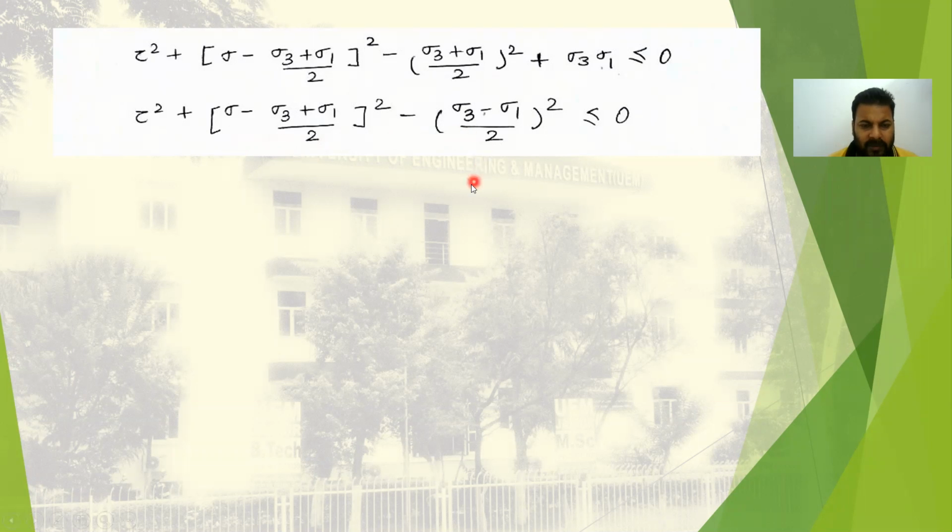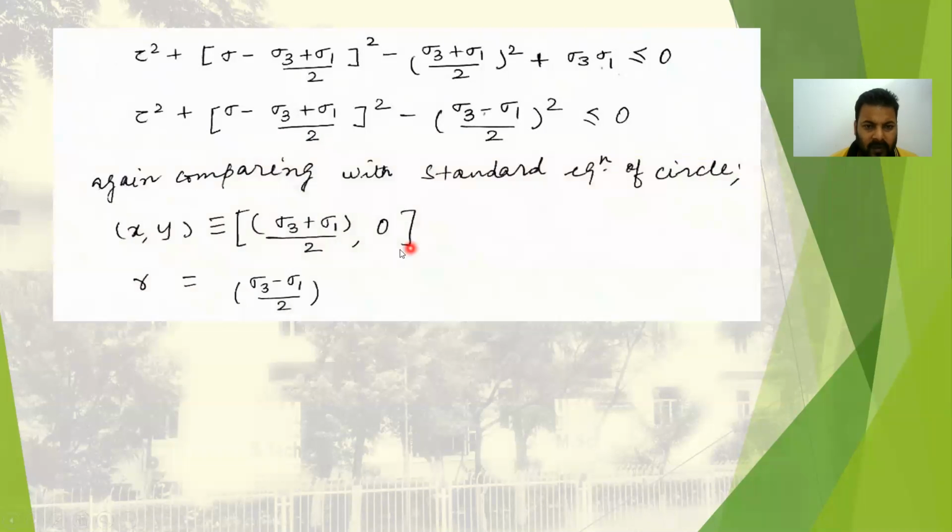In the further step, it can be written as, again we need to compare this equation with the equation of circle, so that x is compared with this. So x is equal to sigma 3 plus sigma 1 by 2, and this y coordinate is 0, and radius is equal to this. This is the radius brought from here.